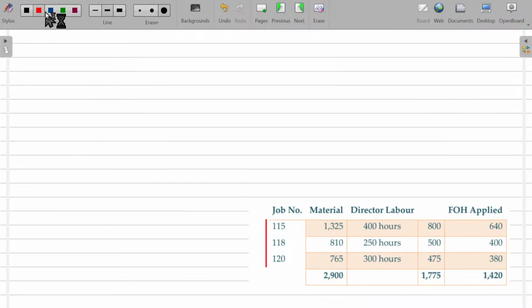Now, what are the jobs we have? 115, 118, 120. Is that okay? Now, material. In September, how much we spent? 1325, 810, 765.